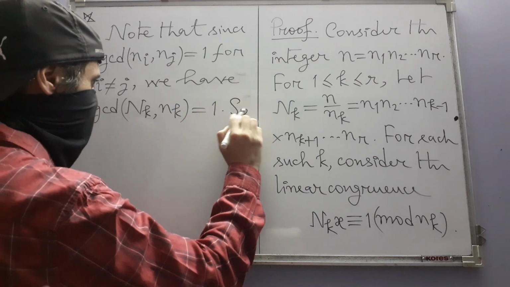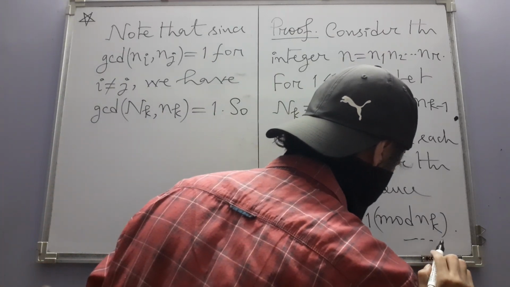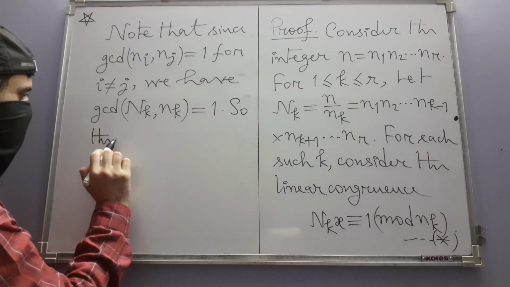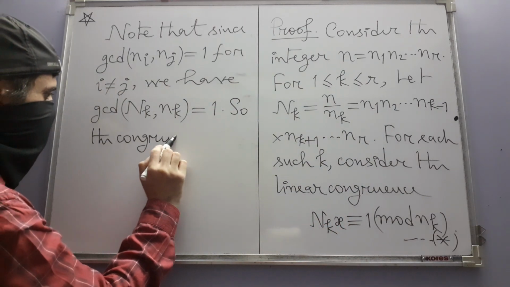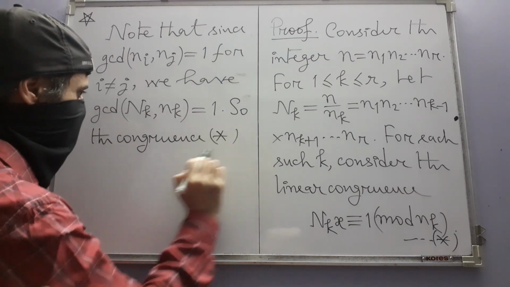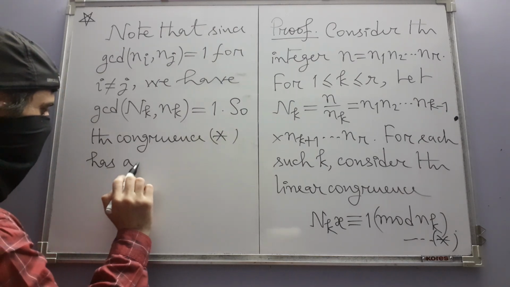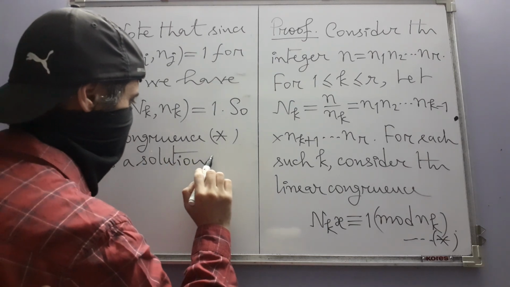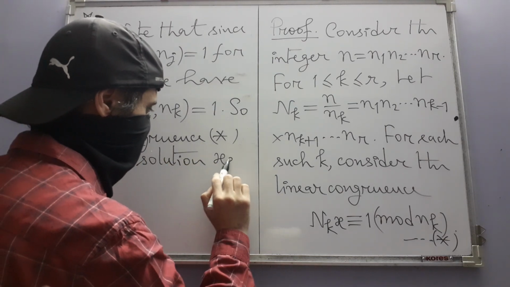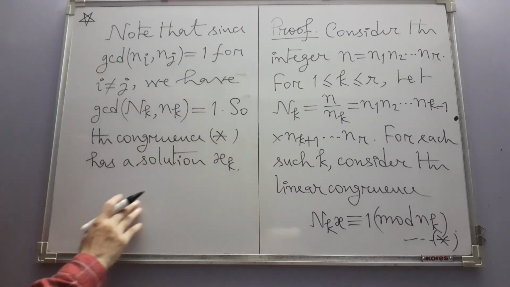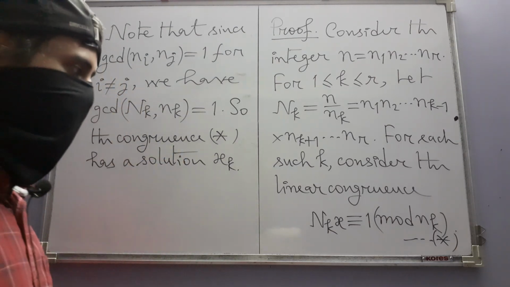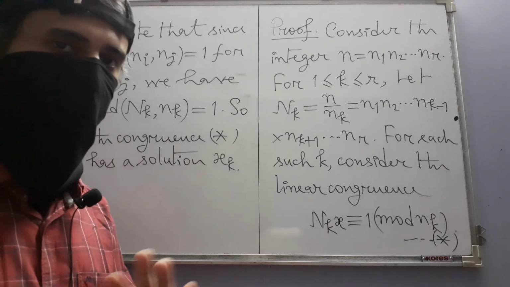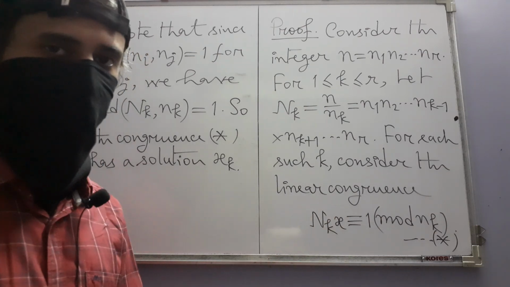So let's just give it some symbol, say star. The congruence star has a solution. Let's just call that solution xk. Actually, when we say a solution, truly there are infinitely many integers that you can put in place of x.